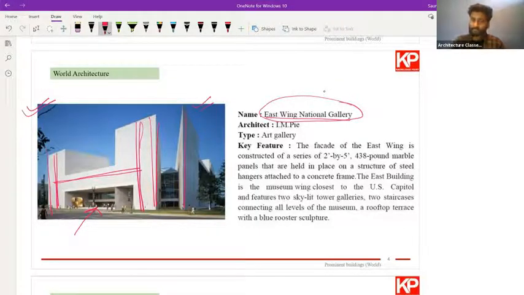A lot of buildings have one or two famous views, and some less famous views. But whenever you look at any image, try to look at it from other sides also. Think about what the form of this building could be, and then try to remember the name of the architect.